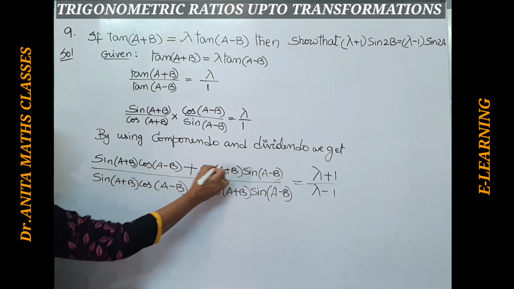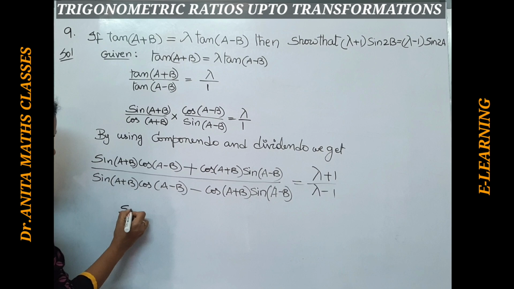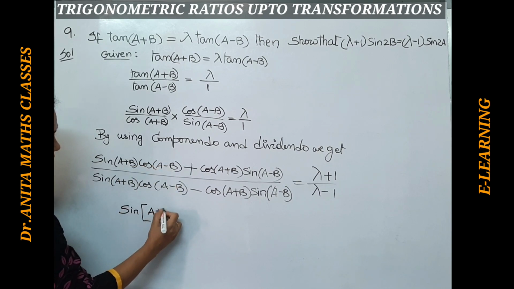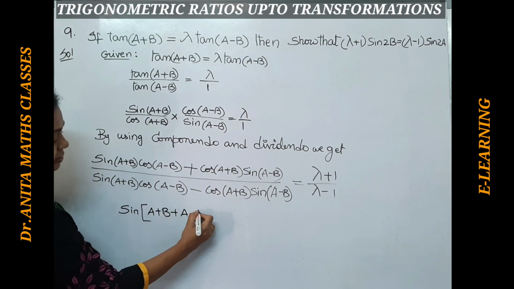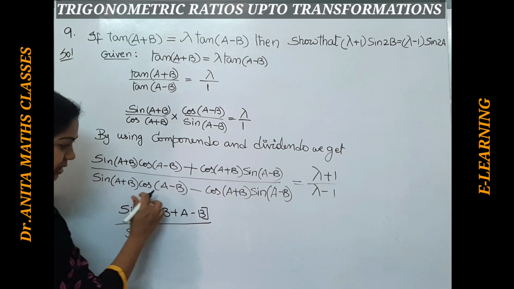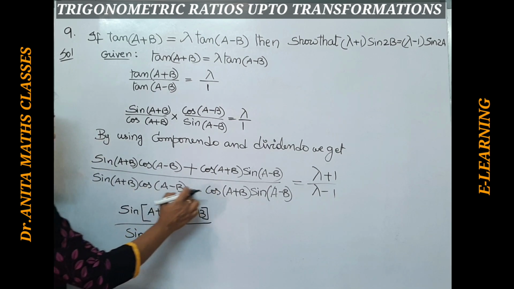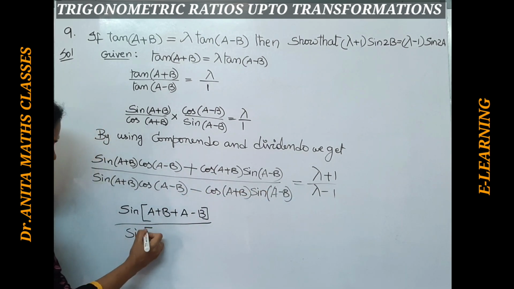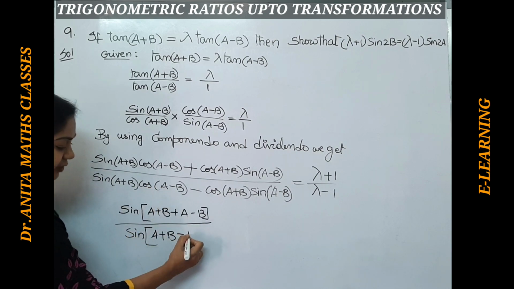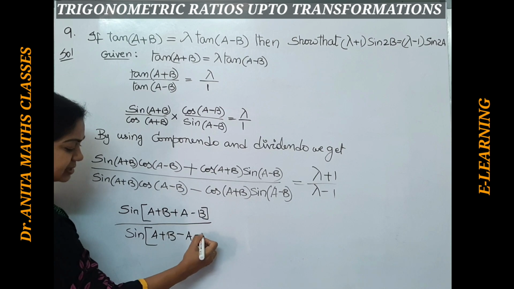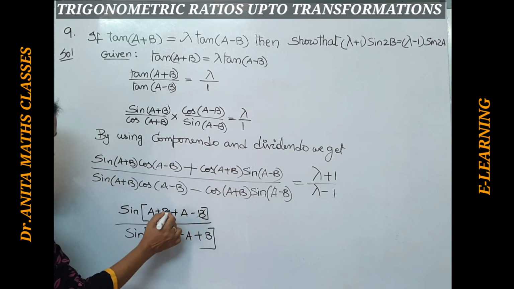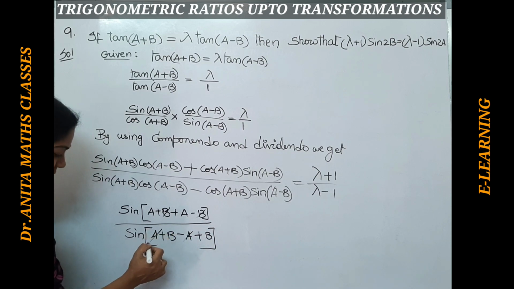This is the expansion form: we will write sine of (A plus B) plus (A minus B), and sine A cos B minus cos A sine B gives (A plus B) minus (A minus B). So we can cancel off minus B here, minus A and minus A.